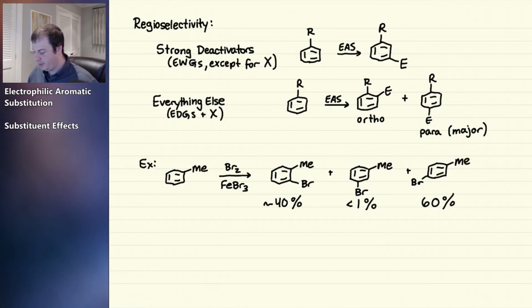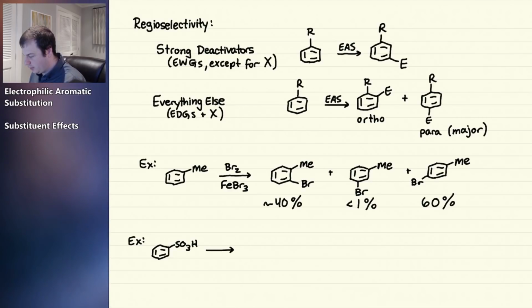Let's take a look at another example here. Okay, let's take a benzene ring with a sulfonic acid on it. We know that's one of our strong resonance withdrawing groups. And then let's treat that with nitric acid and H2SO4. This is the nitration conditions. So we know this is going to add a NO2 group somewhere to our ring.